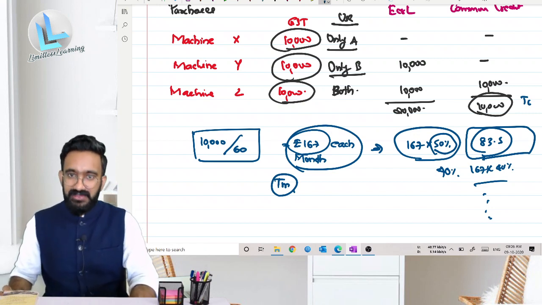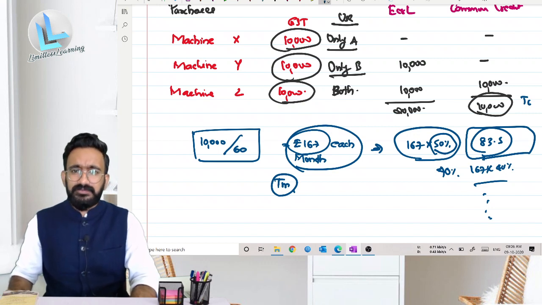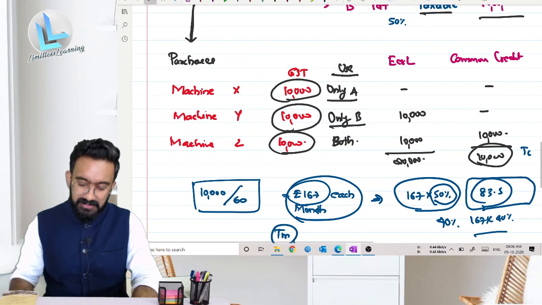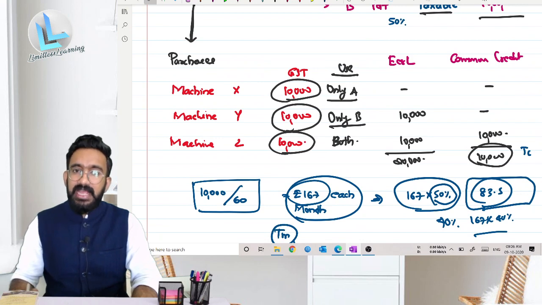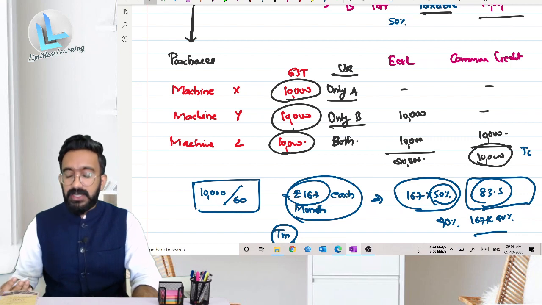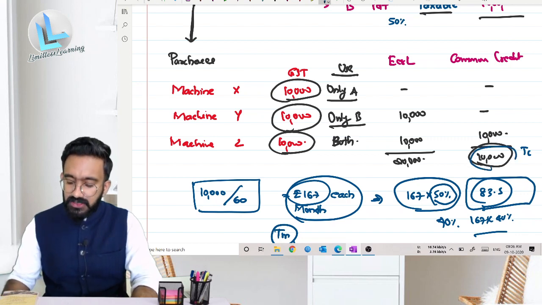This is the provision that we have. Are you guys following how this is being done? So as and when you have an inward supply which is capital goods, and it is used for both taxable as well as exempted, or business as well as non-business, then you will have to do the reversal like this.